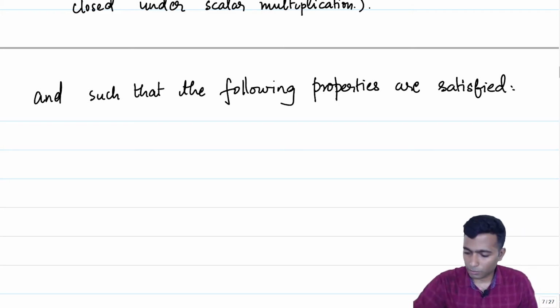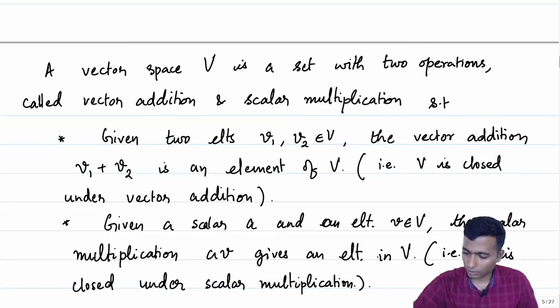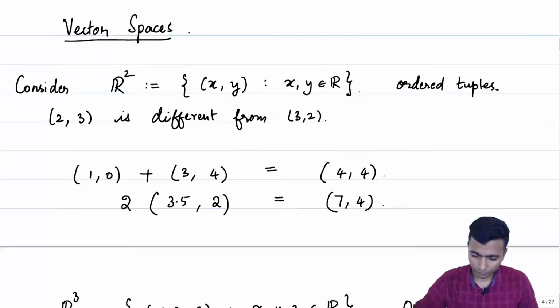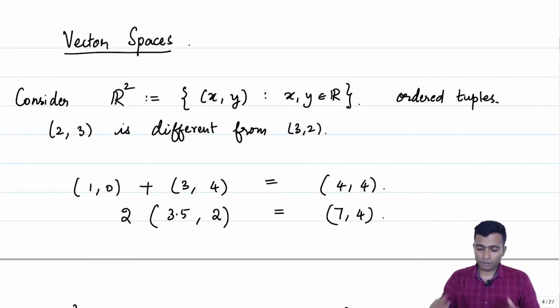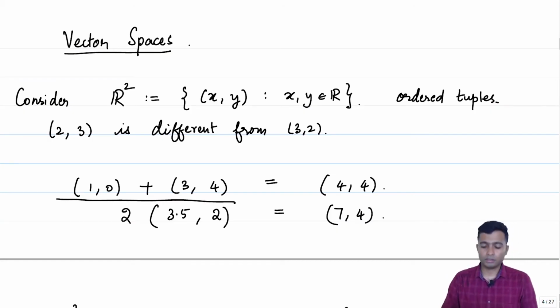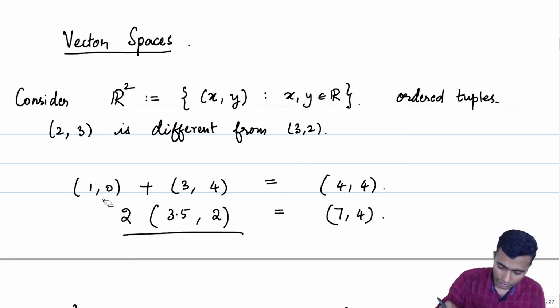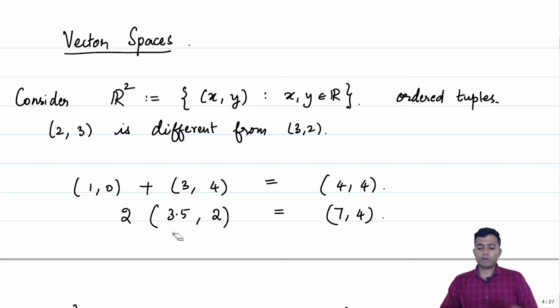So, let us go back to our example of R2. We defined vector addition, and we also defined a scalar multiplication. Even though we know it already, we used the existing knowledge. What we would like to see is what properties are satisfied by these two operations in R2. The first property, focusing on vector addition, is that the order in which we add two elements in R2 doesn't matter.